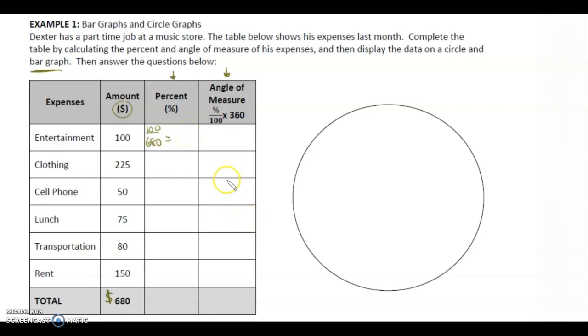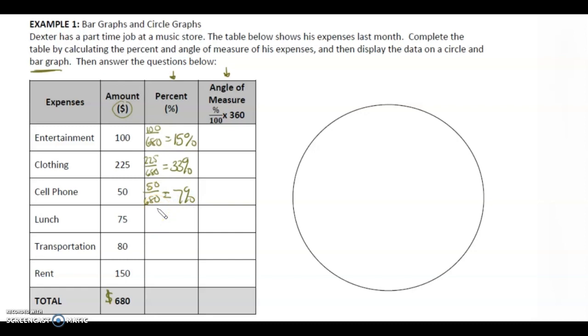These are going to be ugly numbers, 0.147. So I'm going to say 15%. Okay, clothing is going to be 225 over 680. So I get 33%. Cell phone is 50 over 680. I get 7%.